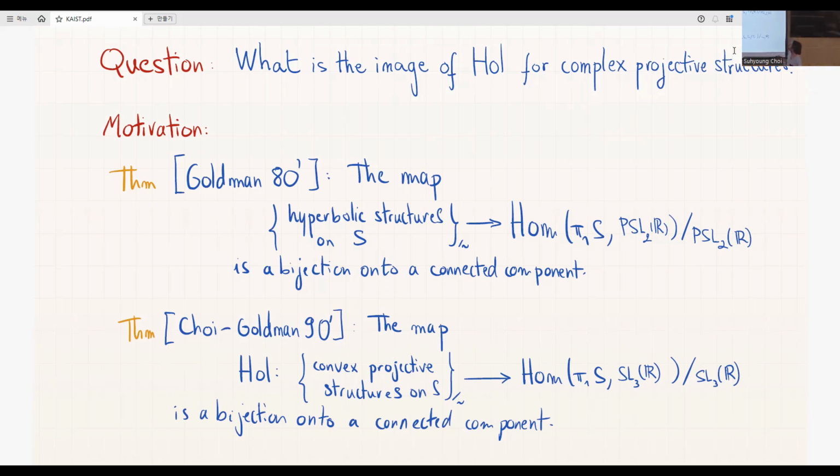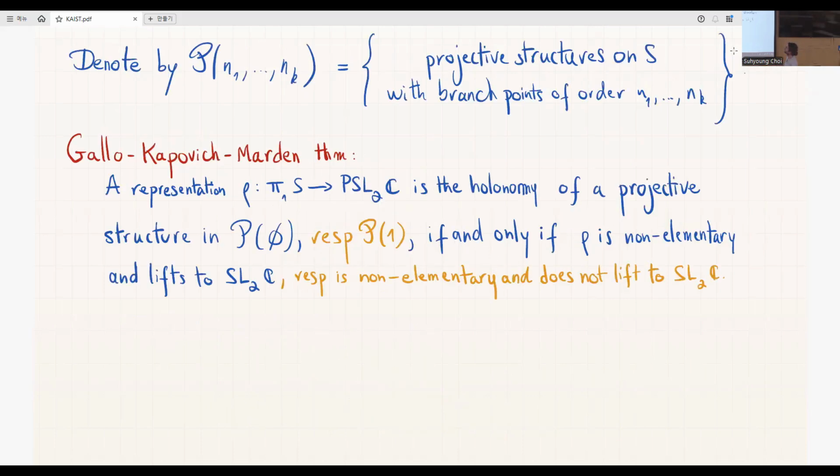Okay, so this question that I ask here has been answered in 2000, and the answer goes as follows. So take P of N1, ..., Nk to be the projective structures on S whose branch points have order N1 to Nk.